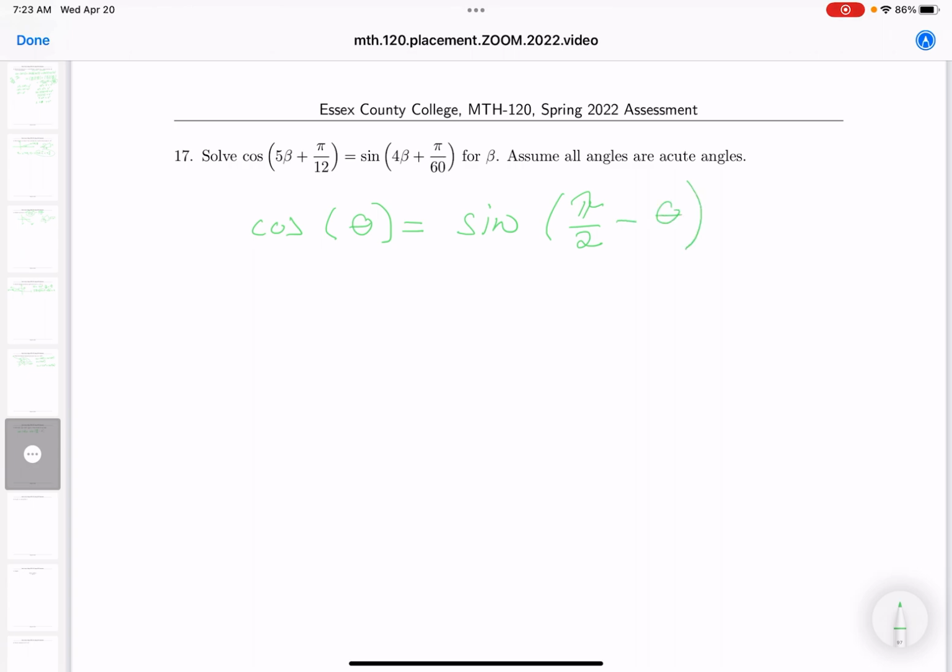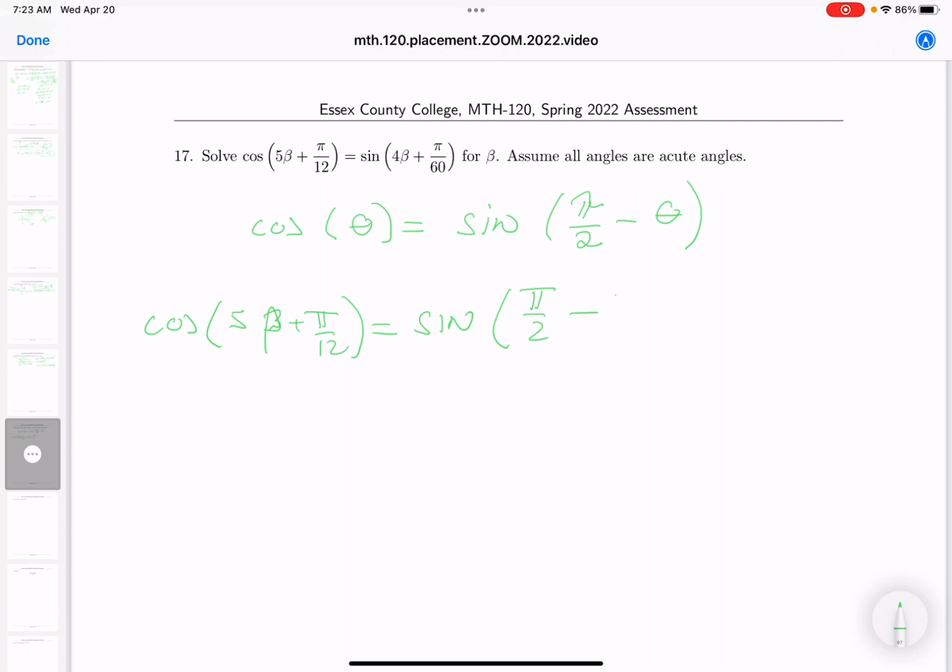Right? These are what's called cofunction identities. So let's see if we can write that down. So let's write this down. The cosine of 5 beta, that's a beta, plus pi over 12 is the same thing as the sine of pi over 2 minus that angle.